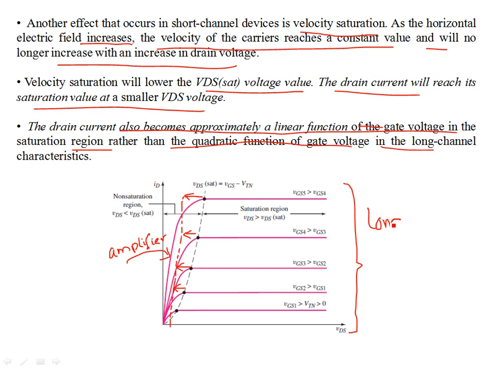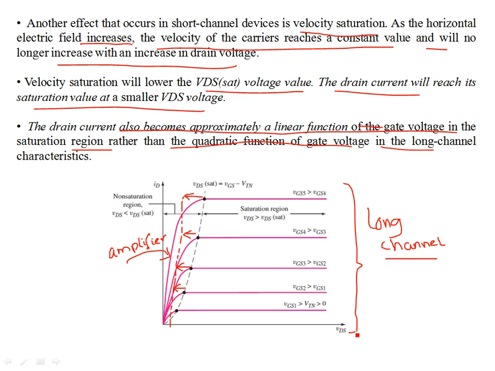So these parameters should be assessed and kept in mind while using the MOSFET as an amplifier or for DC biasing if your channel length is small. But for this introduction to MOSFETs, it is safe to assume long channel ideal IV characteristics without losing the generality of these curves.